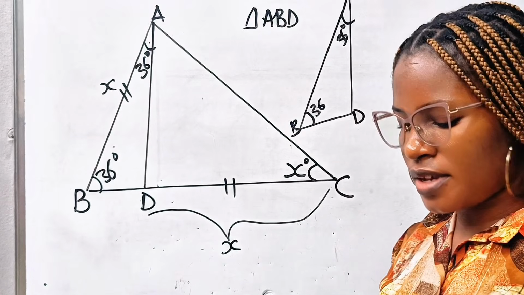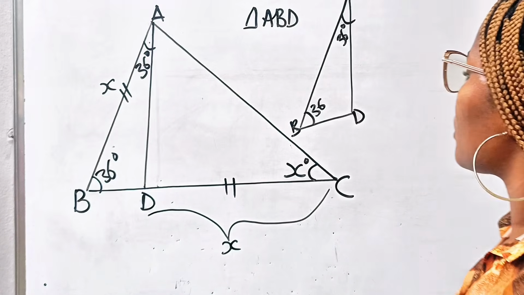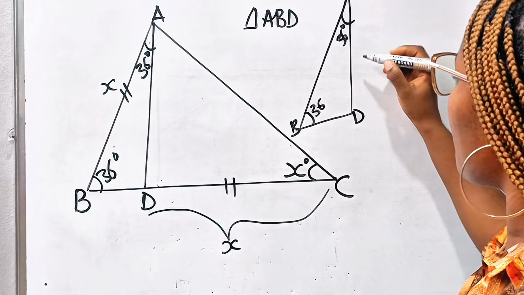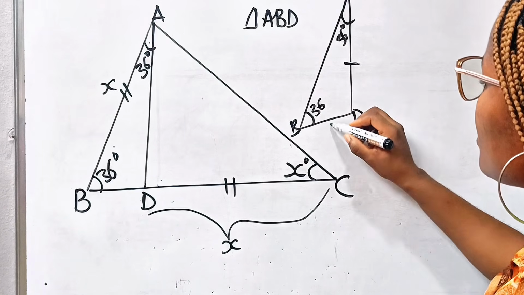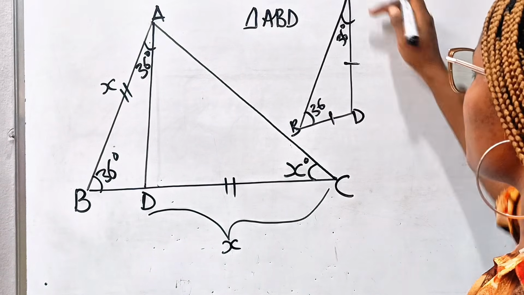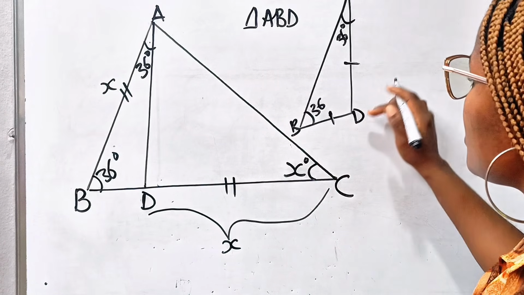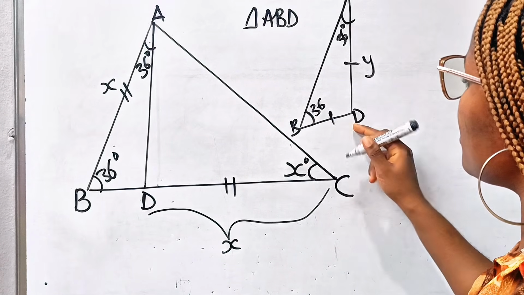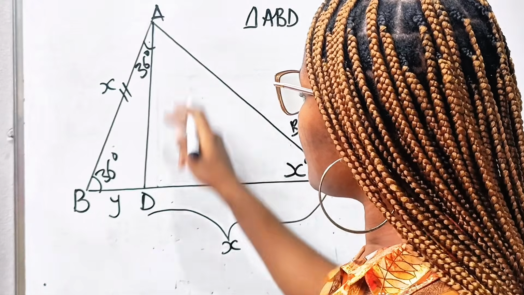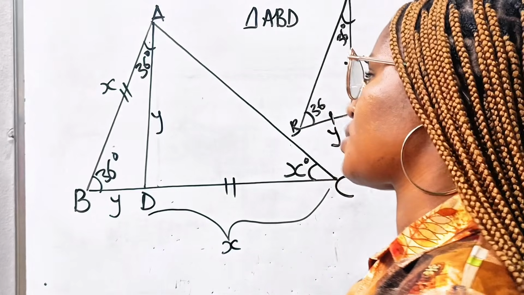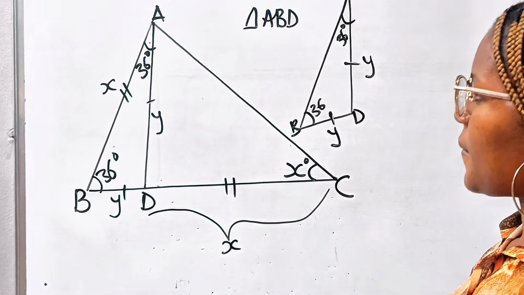And for an isosceles triangle, the base angles are equal. So if the base angles are equal, that means this side is also equal to this side. So AD is equal to BD. Now, if we call AD Y, BD is also Y. So I'm going to write BD as Y and AD as Y as well, right? So this side is equal to that side.